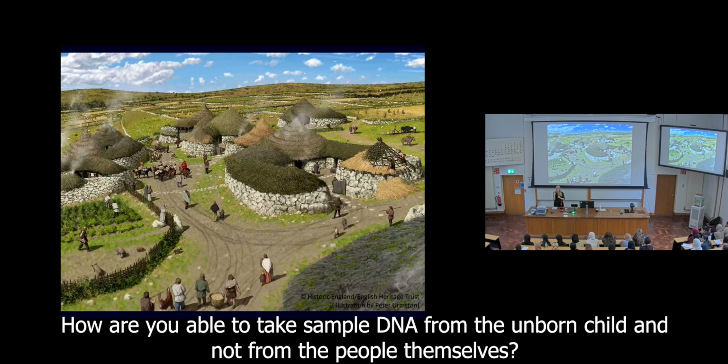Basically they tend to take DNA from the petrous bone, the ear bone, which is very, very dense, and you tend to get the best preservation of DNA from that. I'm not sure exactly what they sampled in this case, but they likely took it from one of the unborn child's bones, and that means that we can get information about the ancestry of the mother as well as the child and the child's father.